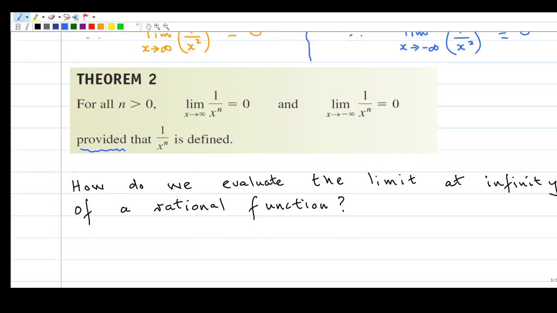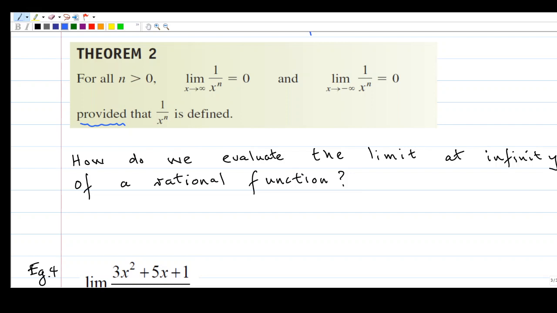The next question, how do we evaluate the limit at infinity of a rational function?